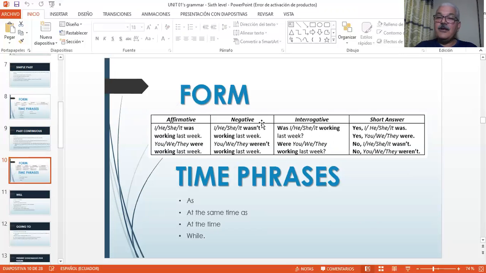Then the negative will coincide with the same persons that we explained for the affirmative, and we only add the negative form. I wasn't working last week. It wasn't working last week. But notice that I could also refer to the specific thing. Ned was not working last week. That's me, okay? Or I could also say that the telephone was not working last week.